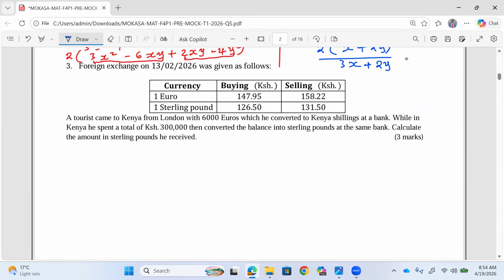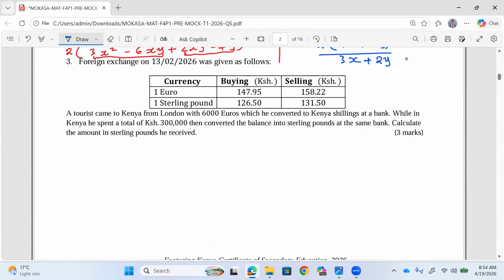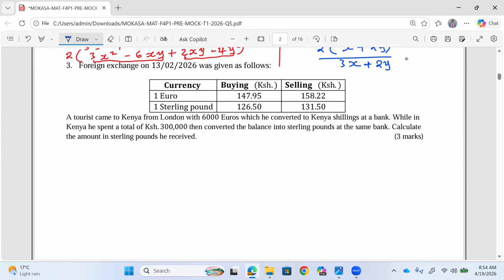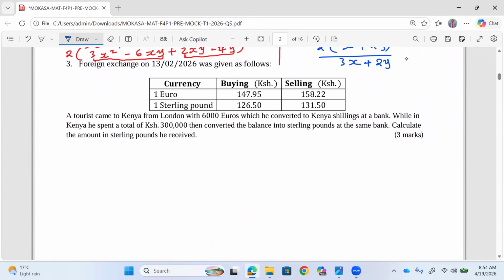Now adjusting to number 3, foreign exchange on 13th February 2026 was given as follows. So you can see the currency there, the foreign currencies, the rates at which they are being bought, the rates at which they are being sold in a Kenyan bank, of course.